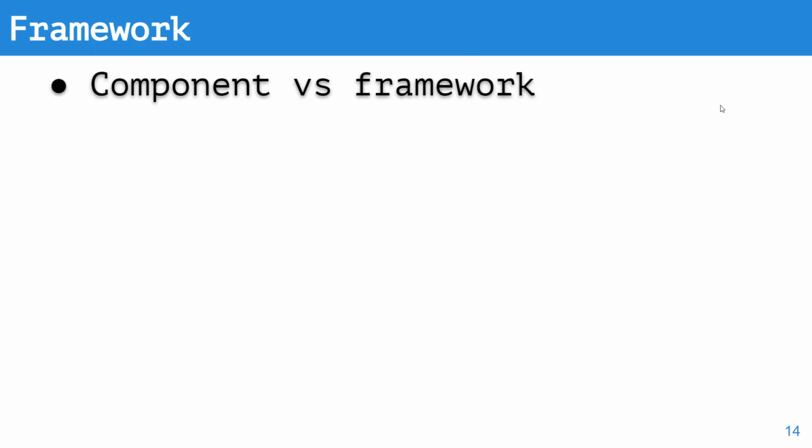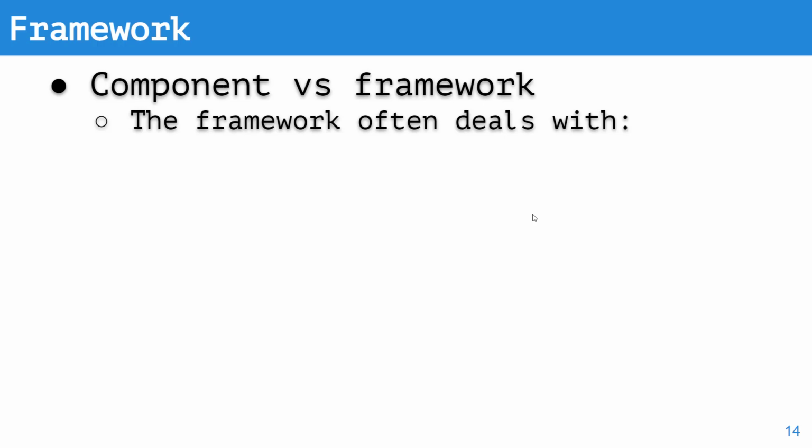So what I'll do now is talk about framework. Right, so component. The framework often deals with reactive data. Now there has to be a linkage, and it depends on the framework how this is done. Usually there are some properties that the component has that the framework is aware of, so they can change stuff.